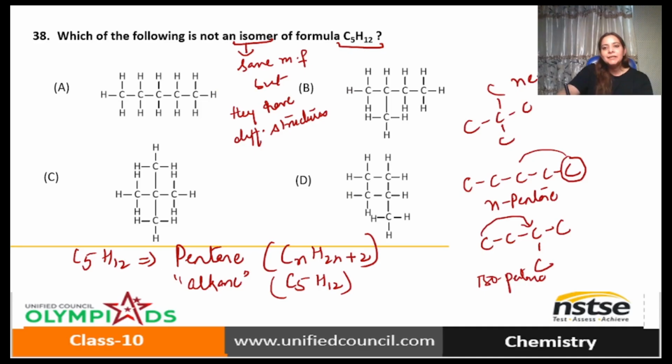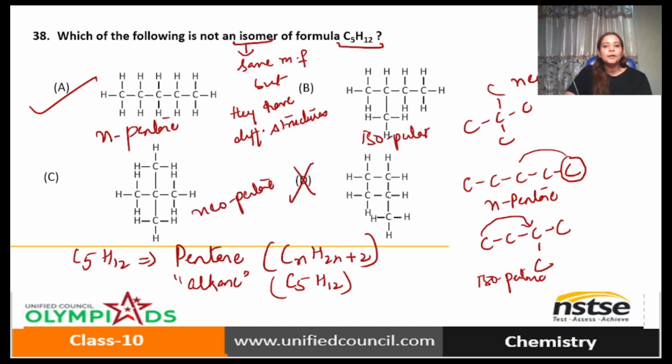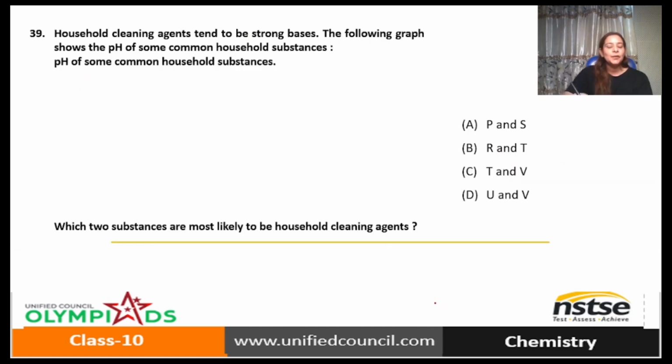That is called neopentane. So this is an isomer because it is normal pentane, even this is an isomer, isopentane, and even this is an isomer called neopentane, but this one is not an isomer of pentane. So the correct option for this question is option D. Next question.